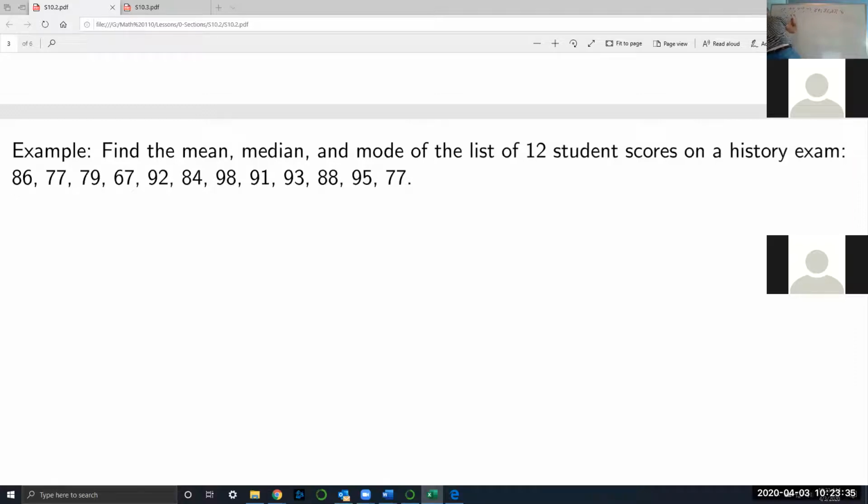Yep. 93, kind of a little back to back. And what about after 93? Is there a 94? Yep, 95.